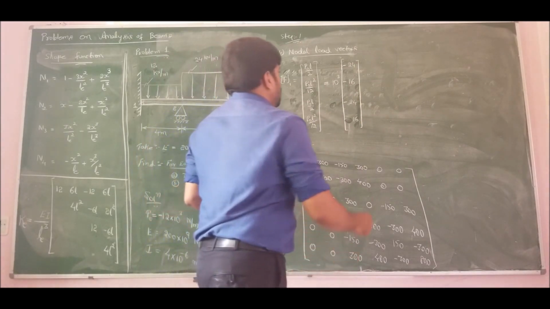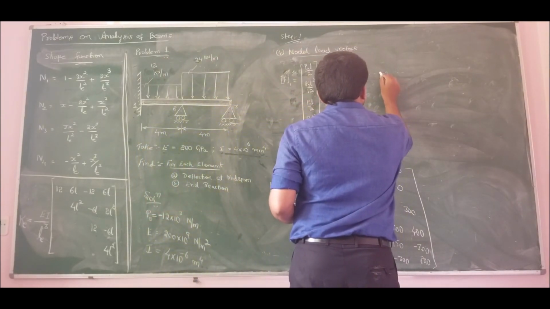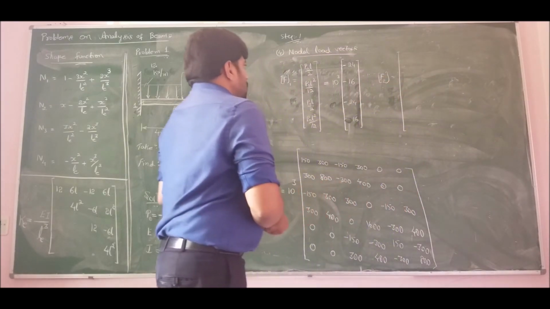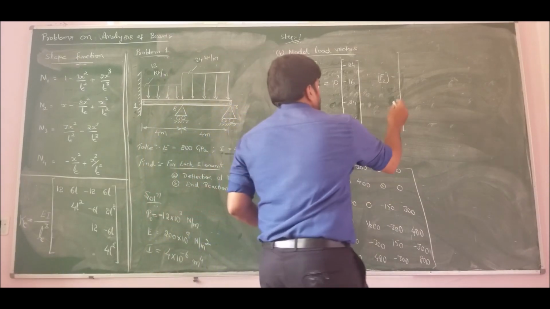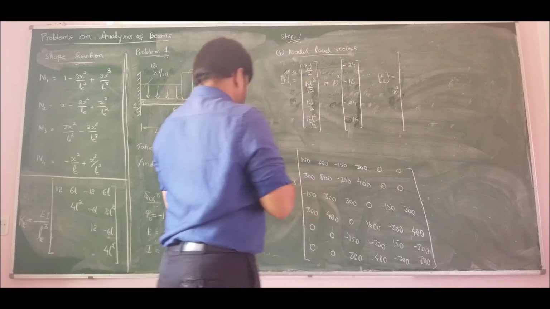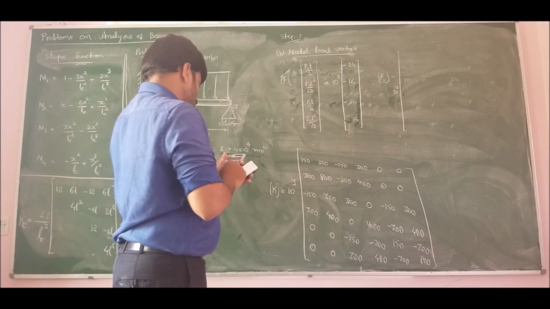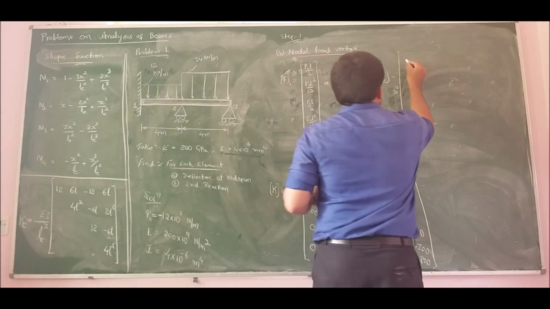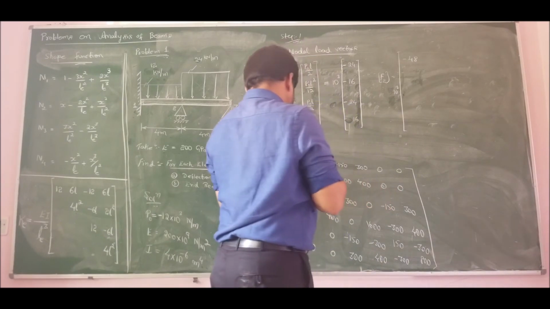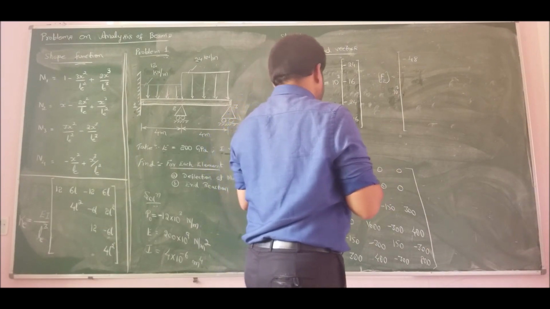So similarly, if I compute for element 2, the load vector is, I will get 10 to the power of 3 common. It is 24, so 24 multiplied by 4 divided by 2 is 48, so it is minus 48. 24 into 4 square divided by 12 gives us 32.